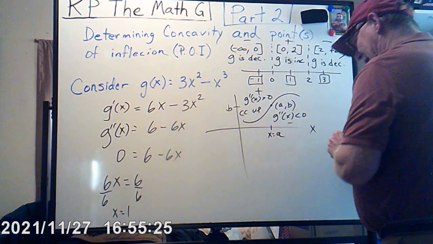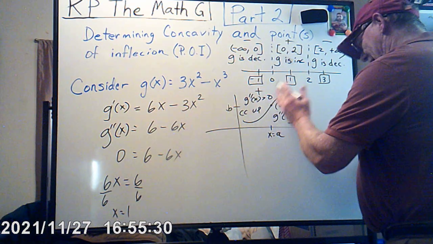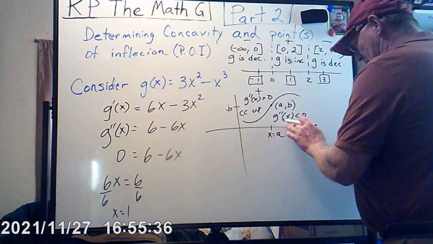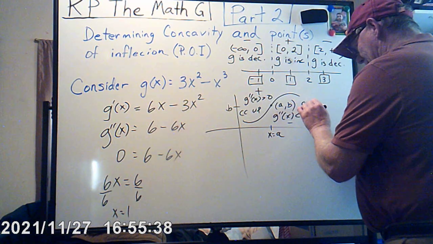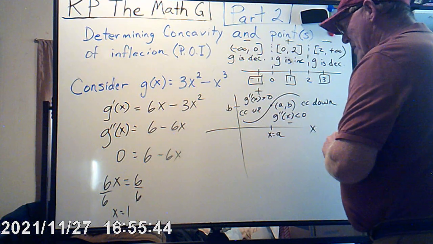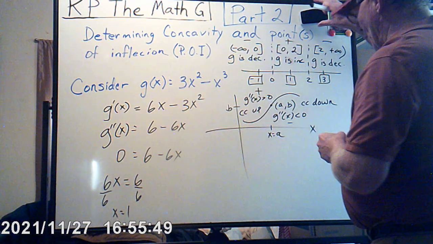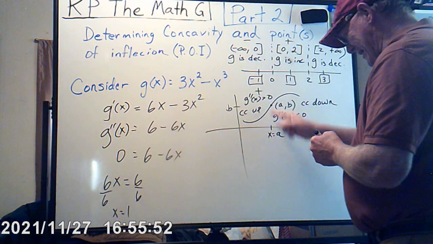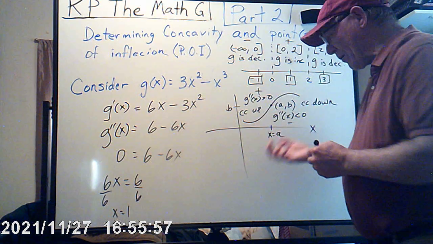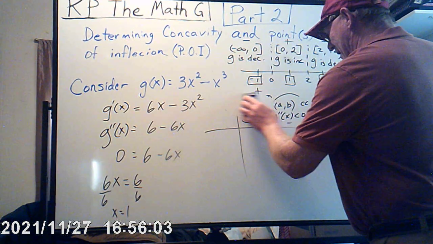That means it's negative, which means that to the right of A, from A to positive infinity, we have G being concave down. That's the basic idea behind the point of inflection. X equals A is not actually the point, but it's the x value of the point of inflection.